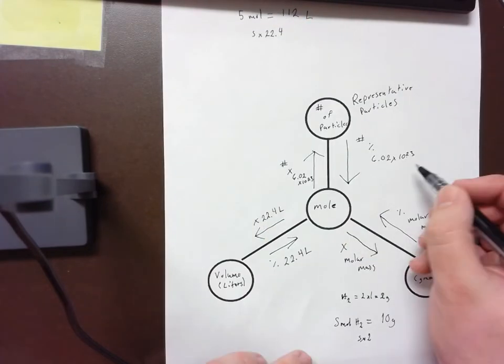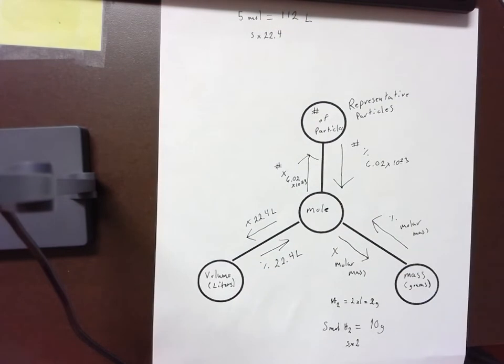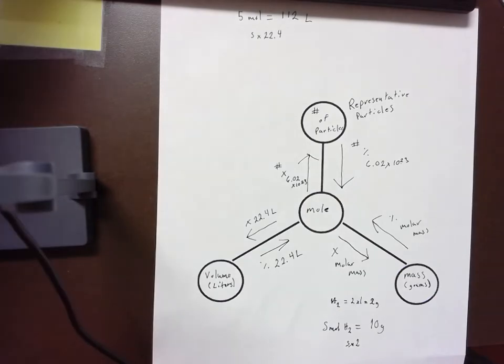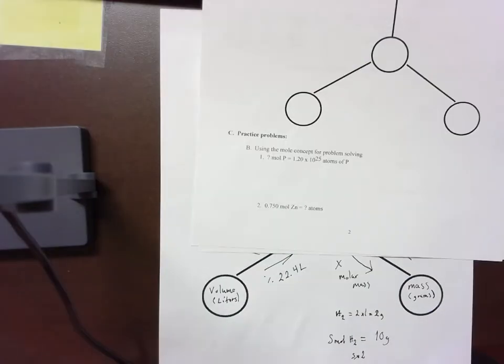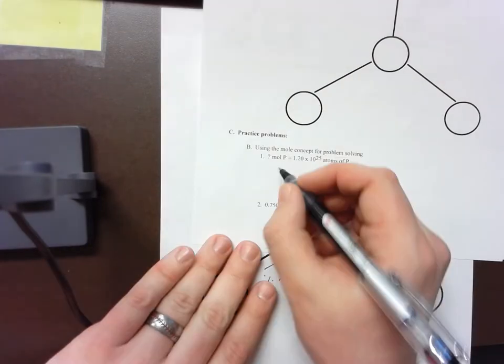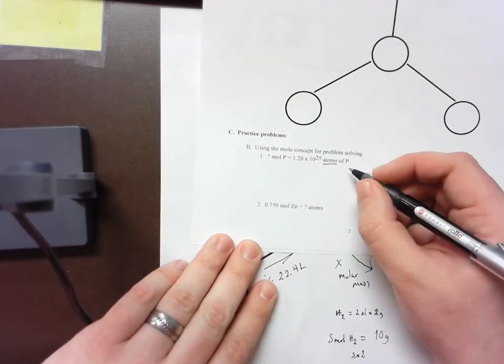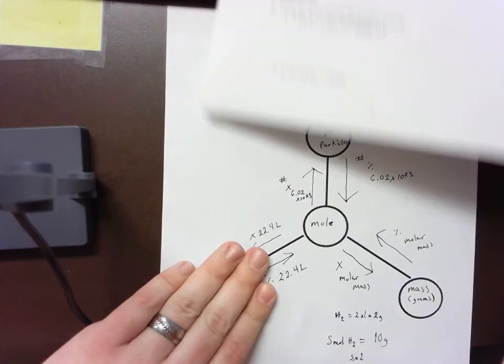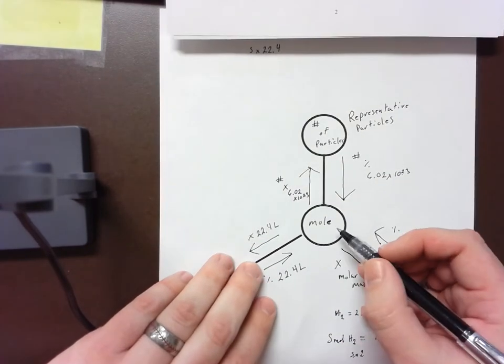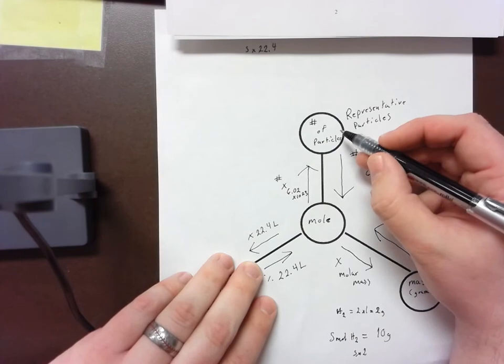So we're not going to do a sample of that, except on the notes. If we look on the notes, you have blank number of moles equals this many atoms of P. Based on our understanding, we're looking for moles, so we're going from the particles to moles.